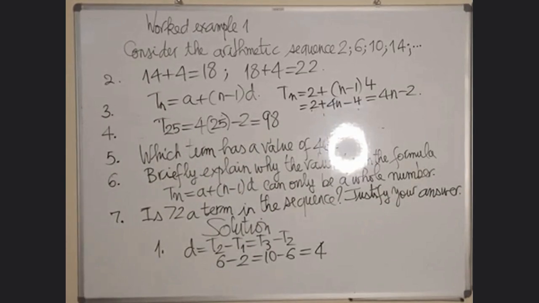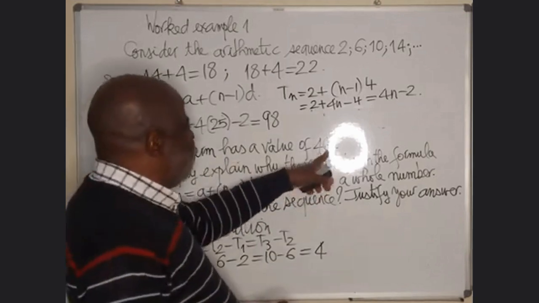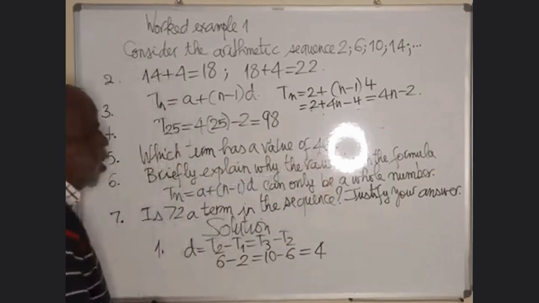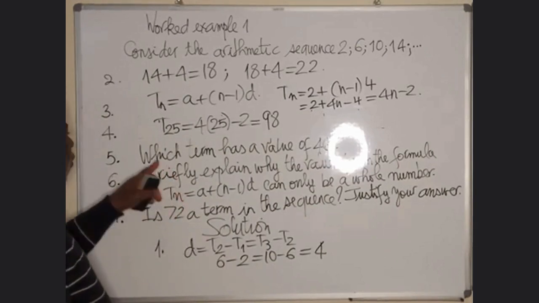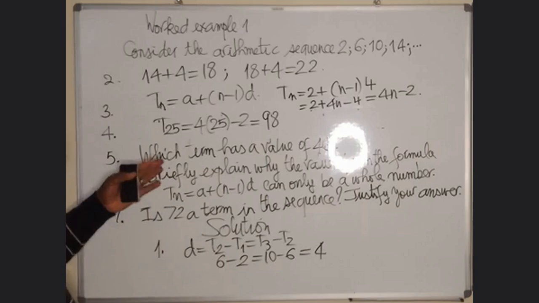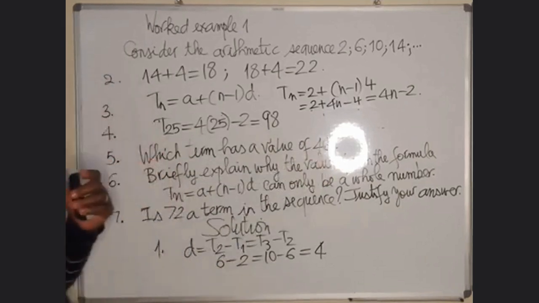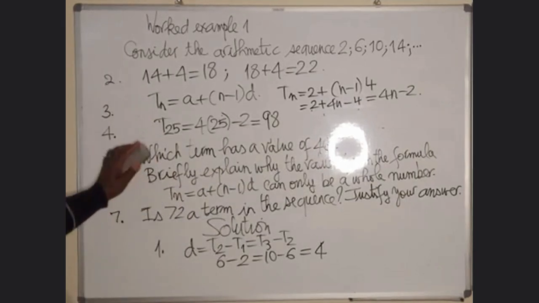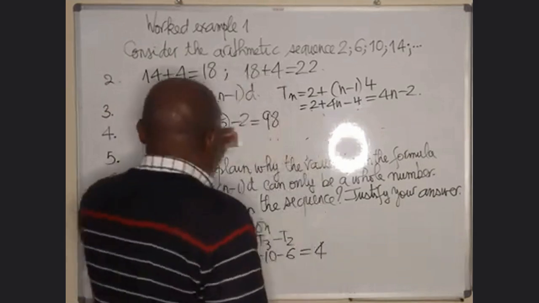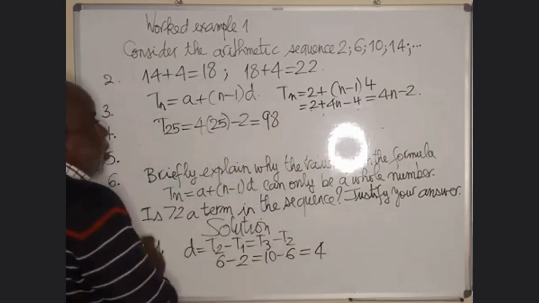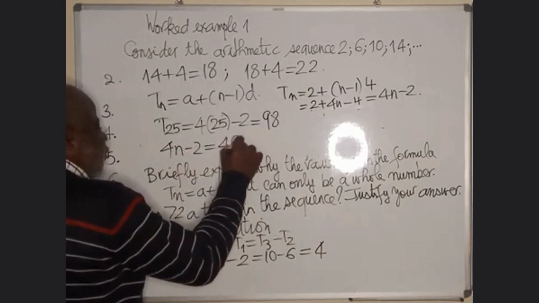Question number 5. Which term has a value of 46? If we want to get the answer for this question, it means we want to get the position of this number 46. So we'll be writing 4n minus 2 is equal to 46.